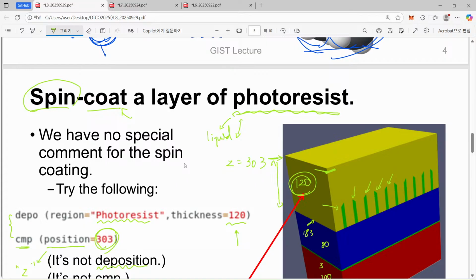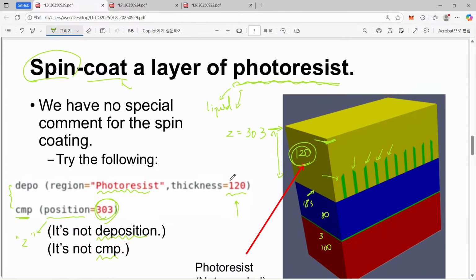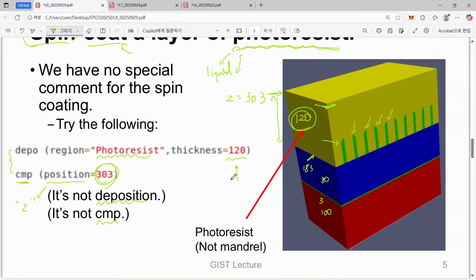If you rotate at quite a slow rate, then nothing will escape from your wafer, and you will have quite a thick photoresist. So if you are an experimentalist, you can perform many experiments to find out the final target thickness of your spin coated photoresist. We assume that we can do it. That's the reason why we know the thickness of this photoresist layer.